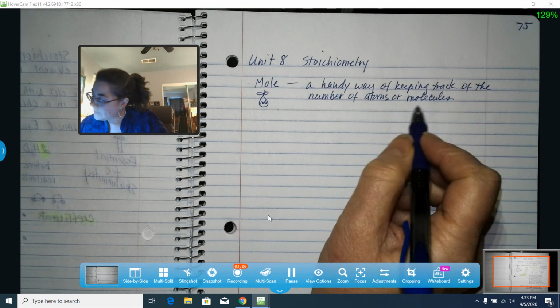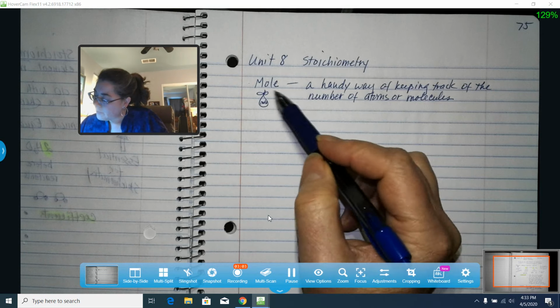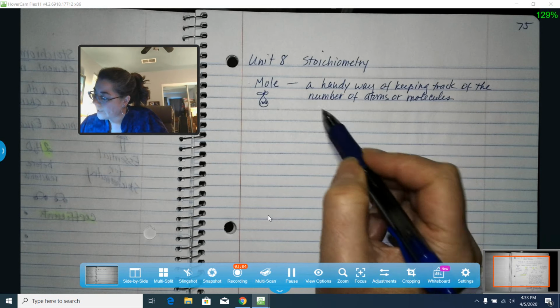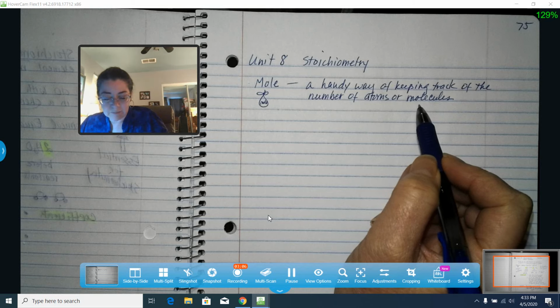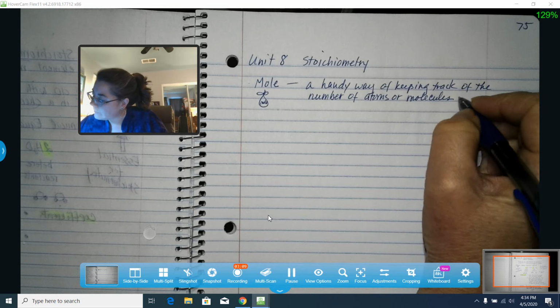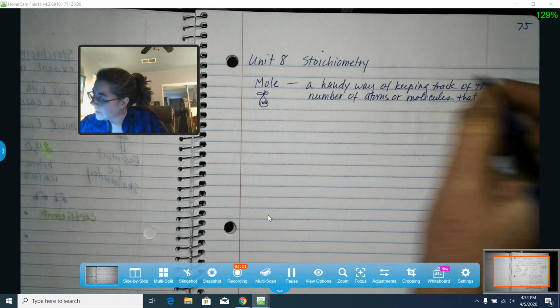Let me finish writing this out. So a mole is a handy way of keeping track of the number of atoms or molecules that are involved in a chemical reaction.